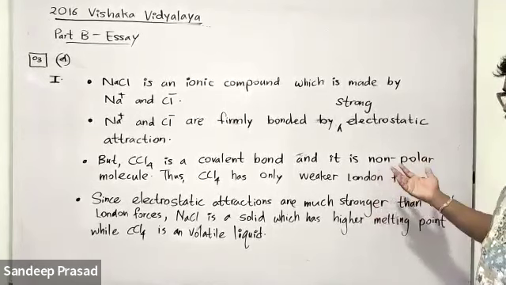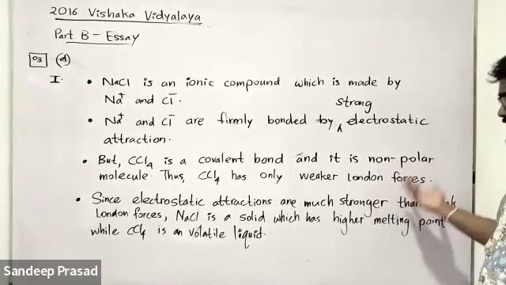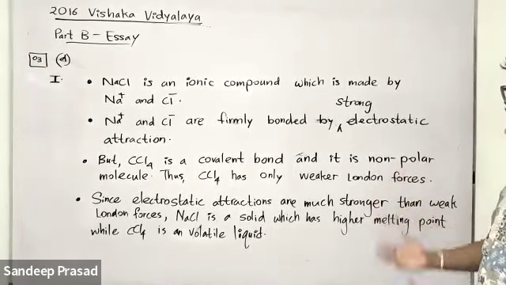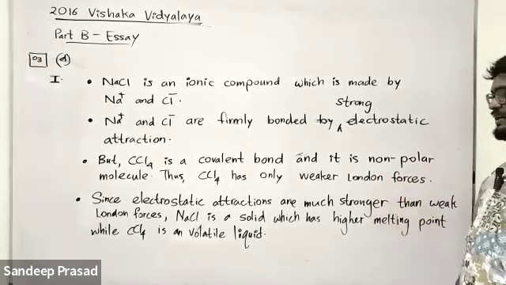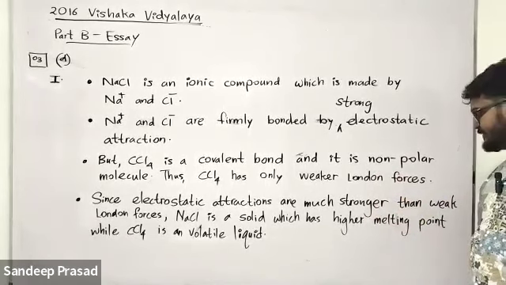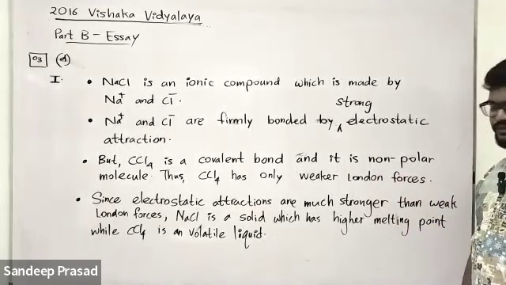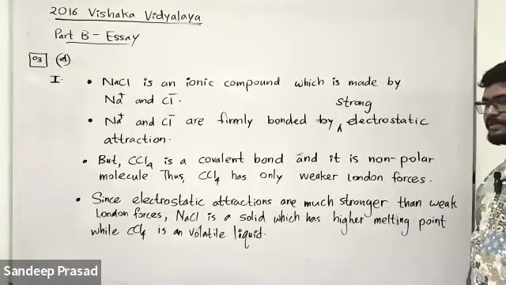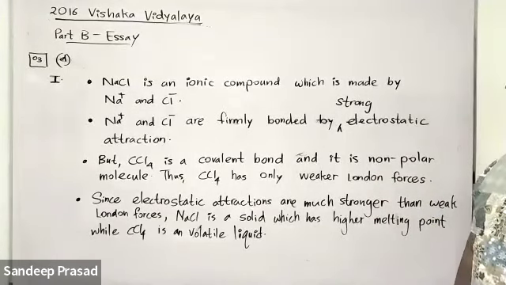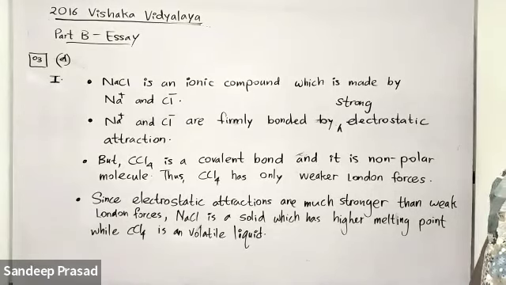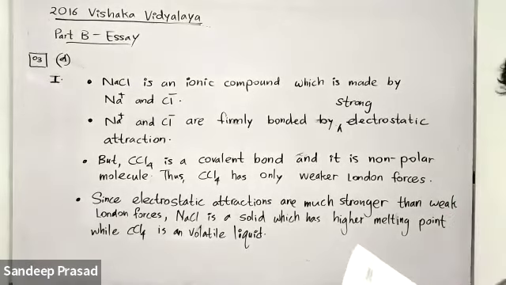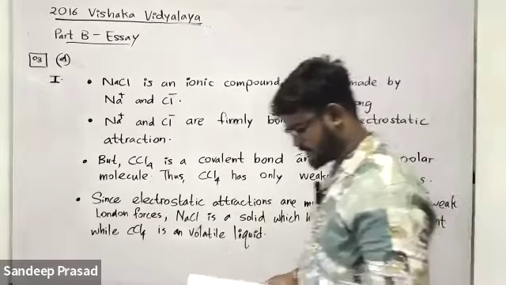So therefore, the interaction type between molecules is London forces. So we can consider that these electrostatic attractions are much stronger than weak London forces. So therefore, sodium chloride is a solid which has a higher melting point than carbon tetrachloride, which is volatile. So in this way, we can explain this statement.